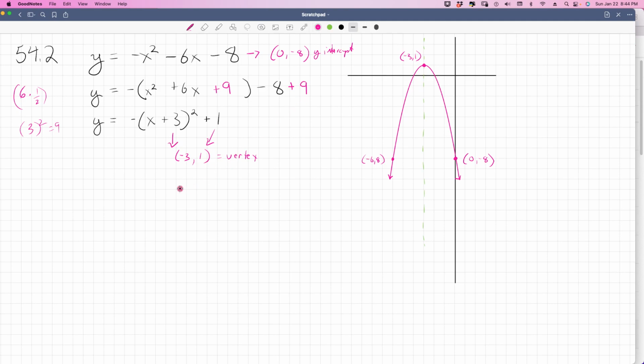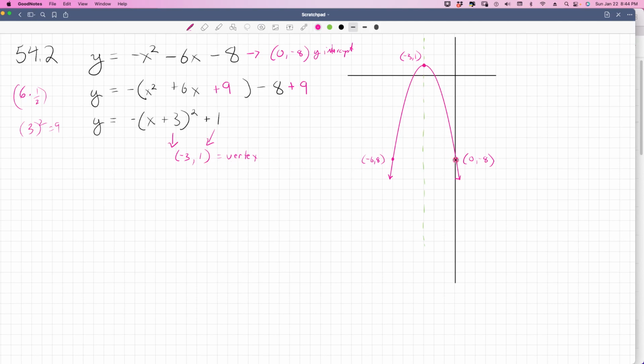Okay. So now we just factor this, being negative x plus 3, and all of that will be squared. So negative 3 is your axis of symmetry and your x value of your vertex. And then positive 1 becomes the y value. So your vertex is (-3, 1), which is right here.